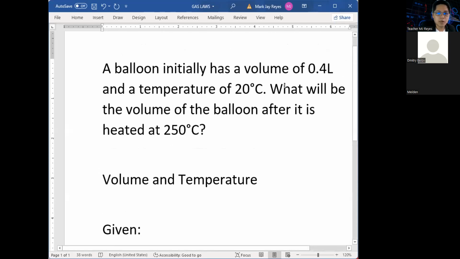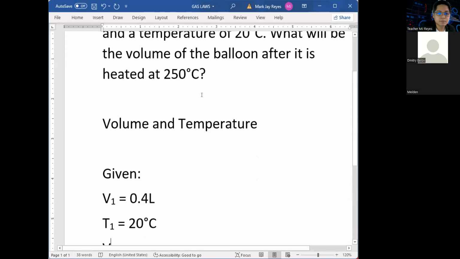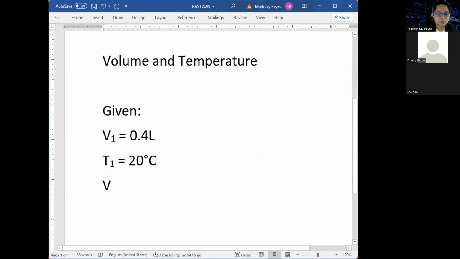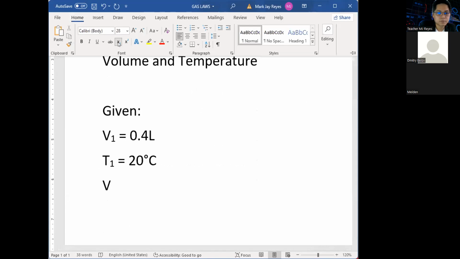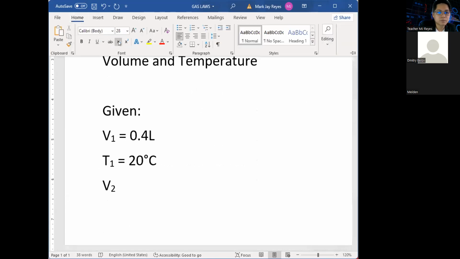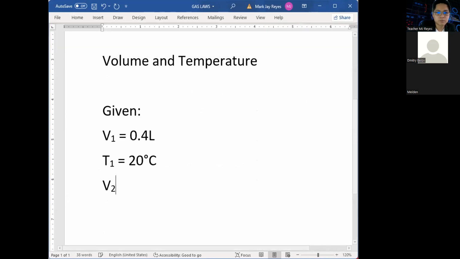V1, and this is V2, with a question mark because this is the unknown.